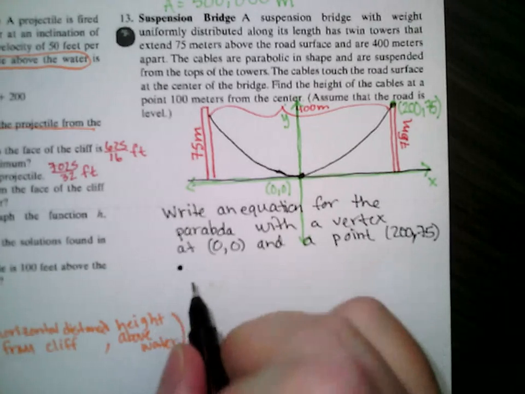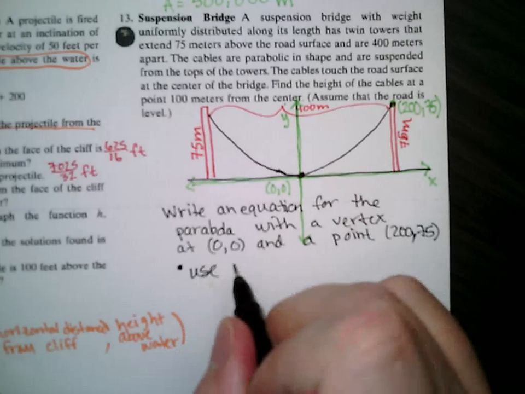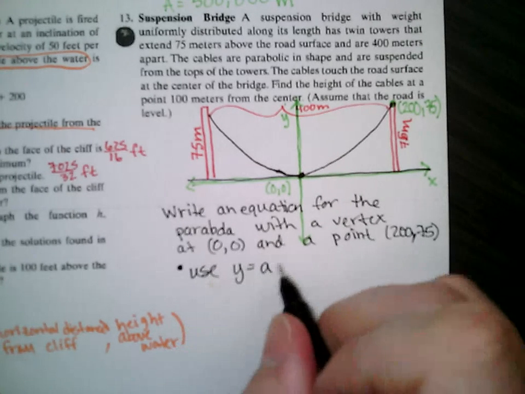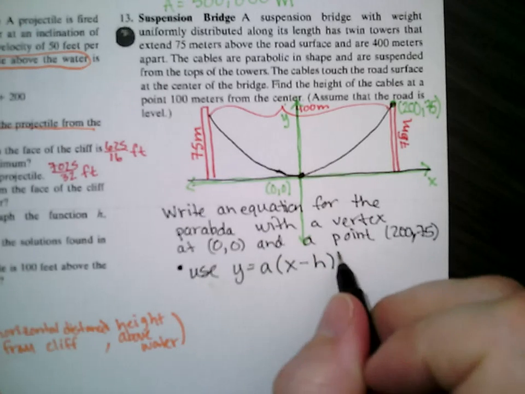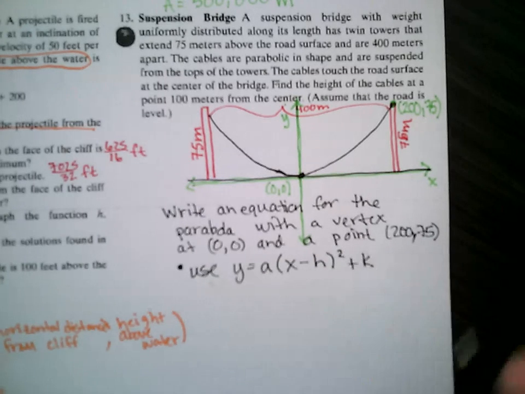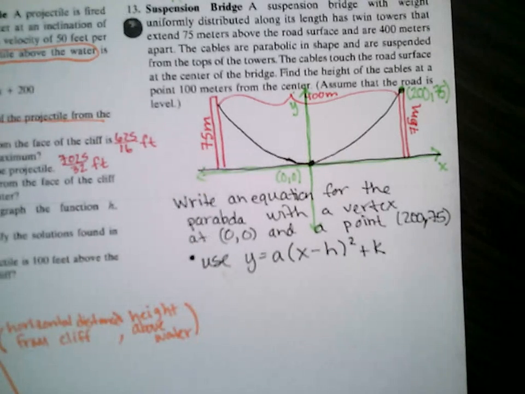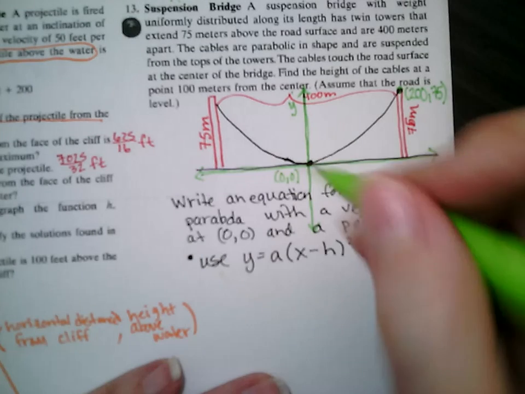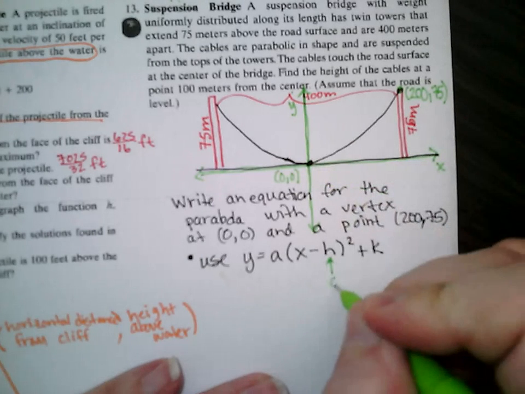We're going to use that vertex form, y equals a times (x minus h) squared plus k. And I'm going to substitute in the things that I know. What I know is that my vertex, (h, k), is at (0, 0).